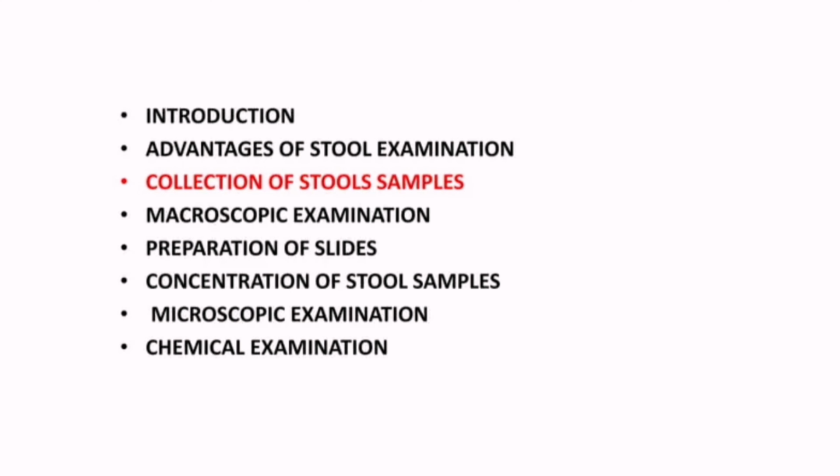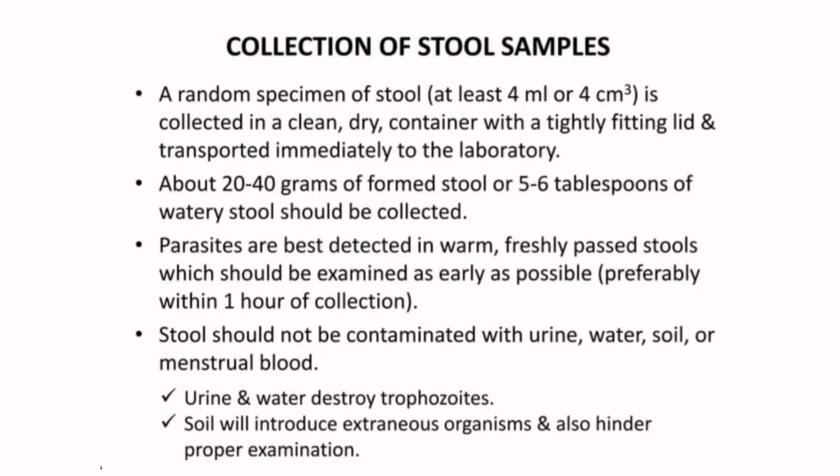Next, collection of stool samples. A random specimen of stool of at least 4 ml or 4 cubic centimeters is collected in a clean, dry container with a tightly fitting lid and transported immediately to the laboratory. So, upon excretion of our stool, it should be transported immediately to the laboratory to maintain the integrity of the sample.